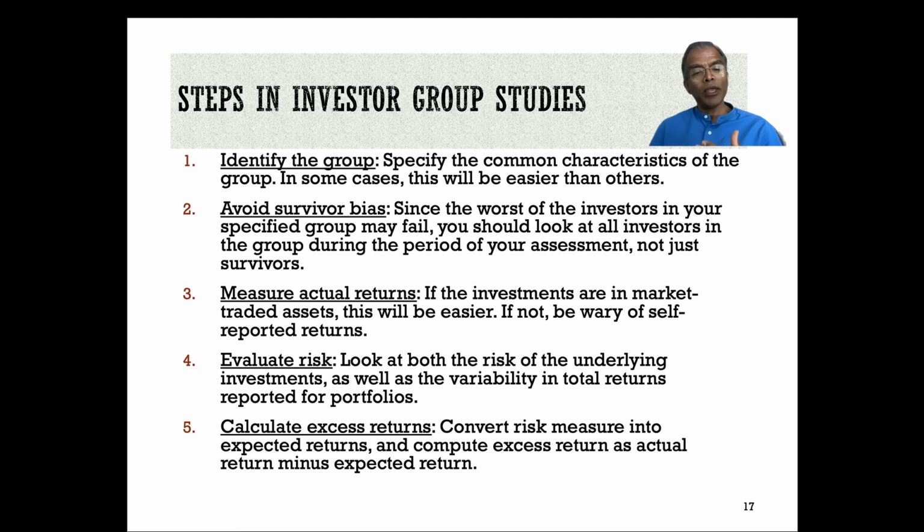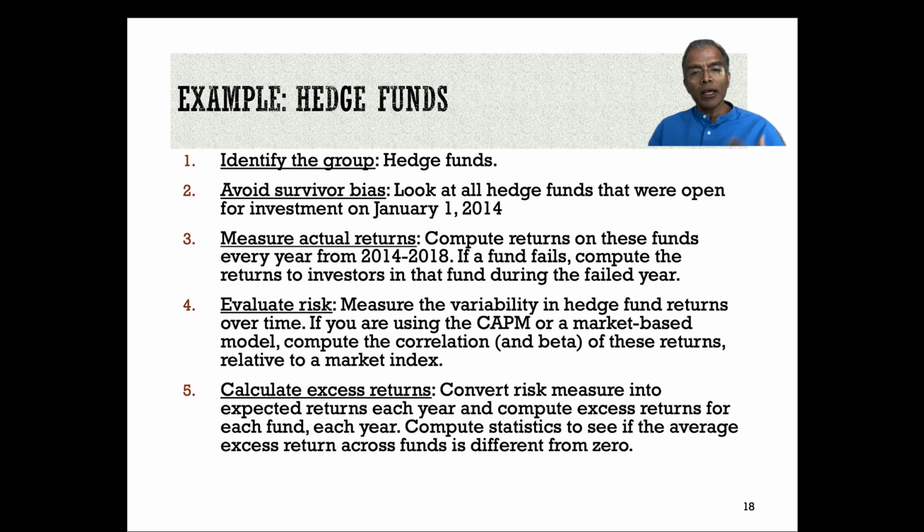So by now, you understand those steps, because this is something you see across all 3 kinds of studies. Take an example again. Let's suppose you want to see whether hedge funds beat the market. Go back and you look at all hedge funds that were open for investment on January 1st, 2014. Then you collect the returns on these funds, including the funds that failed, where you might put a return of minus 100%. That's to avoid the survival bias.